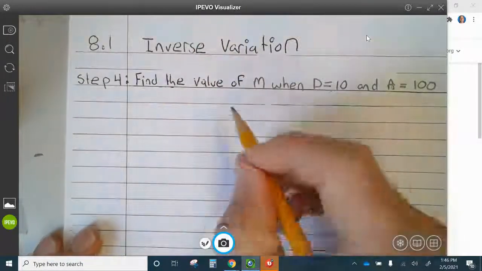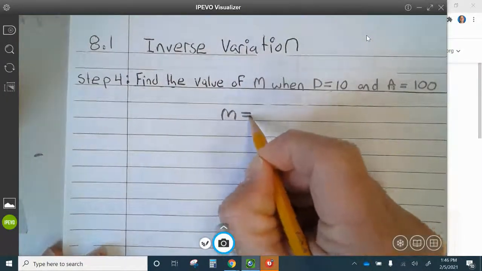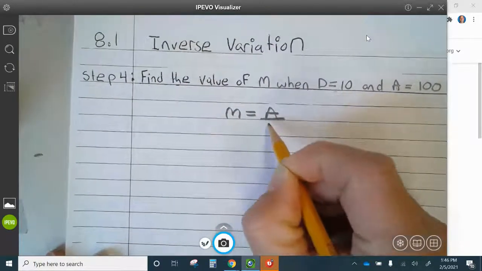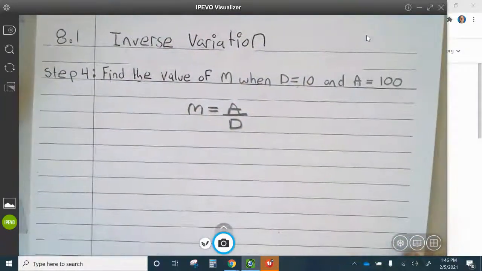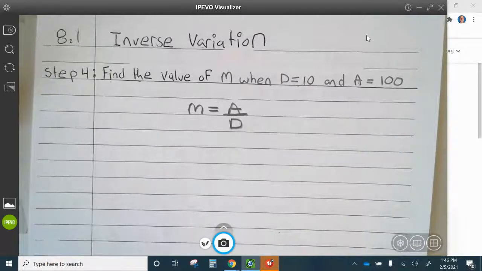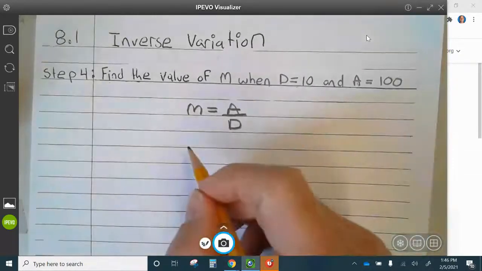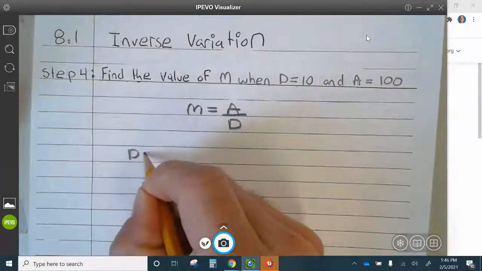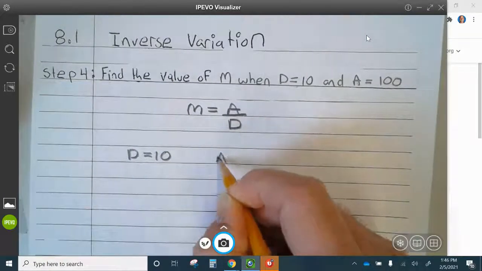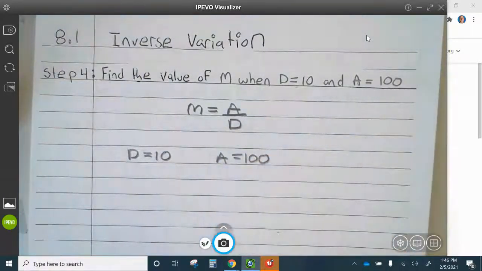First, before we do anything else, let's write the equation from the previous page. So m equals a divided by d. Now it says find the value of m when d equals 10 and a equals 100. So that's pretty simple. We have d equals 10, a equals 100. So we plug those in.